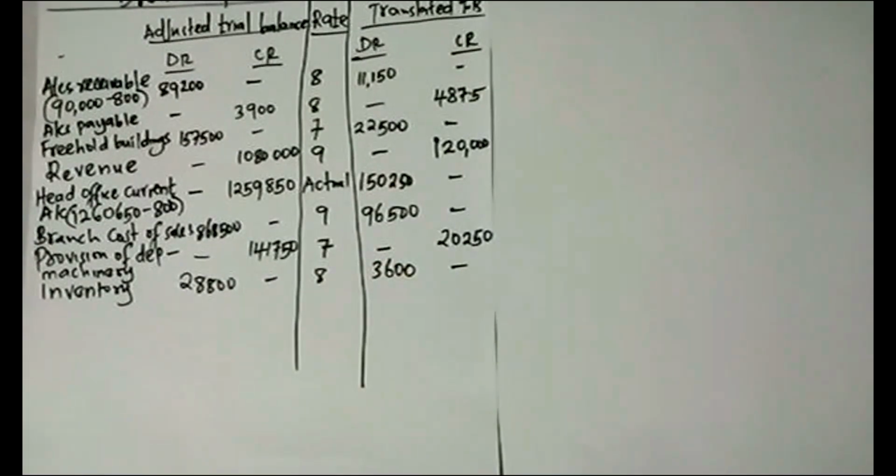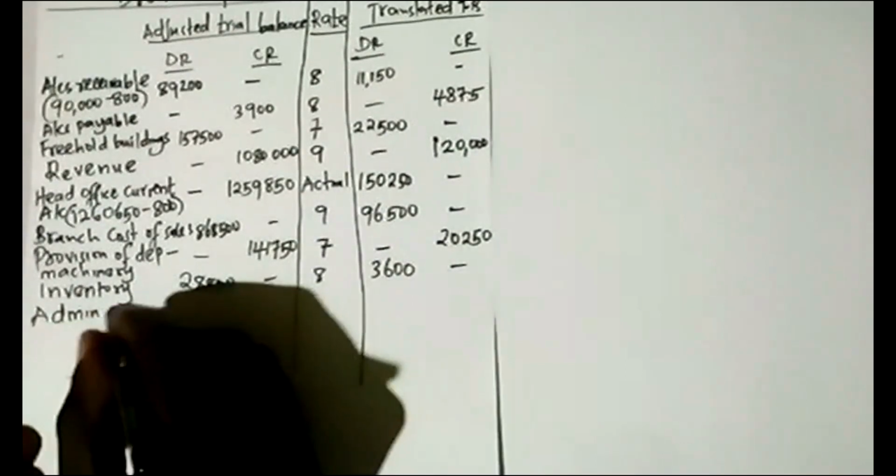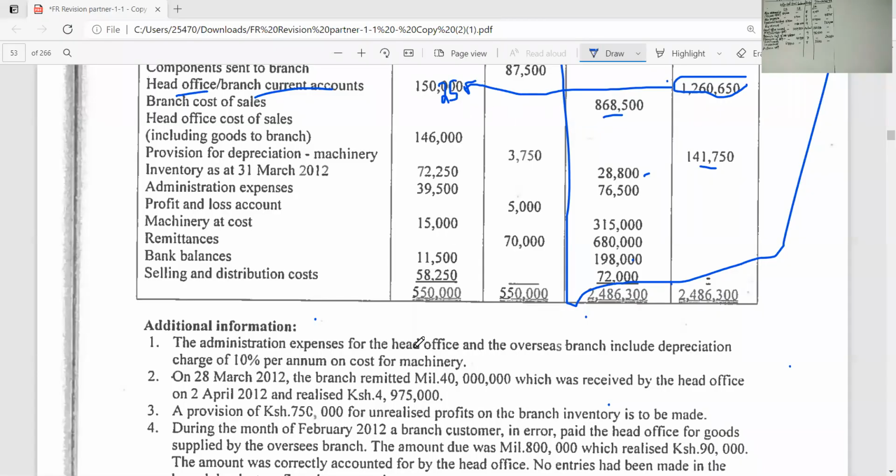Now after inventory, we take another thing, administrative expenses. For this one, we have to make an adjustment, because additional information number 1 said that admin expenses for head office and overseas branch include a depreciation charge of 10% per annum on cost of machinery.